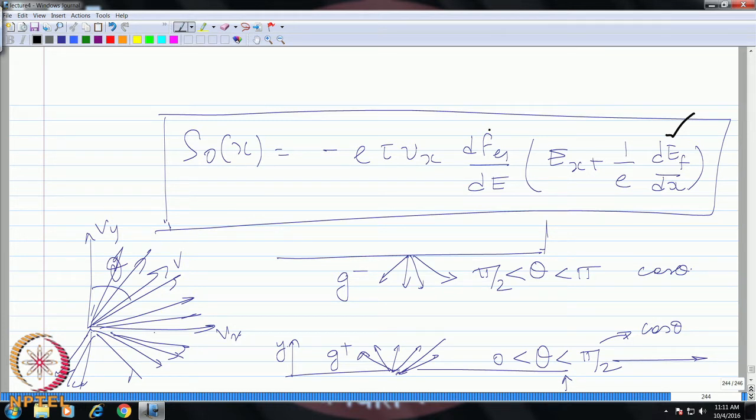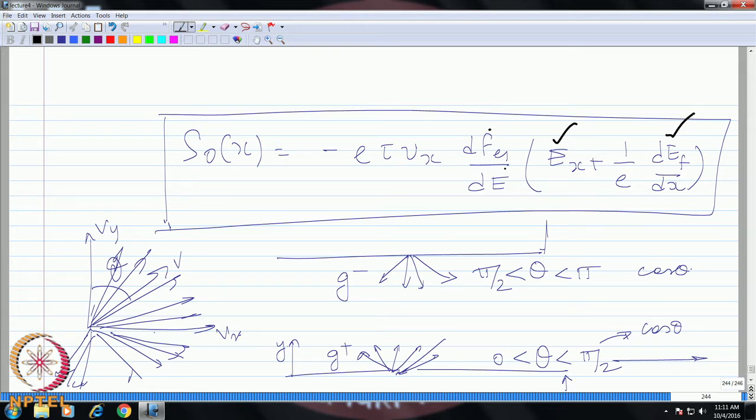So, therefore, we have two terms, one with respect to the variation with respect to the momentum, the other with respect to the physical space. Is that clear? So, therefore, this will be your term which is a function of x and which is known. Okay, if you know dEf by dx, you just simply substitute it, you know the electric field, you can substitute it, you know the variation of dF equilibrium by dE.